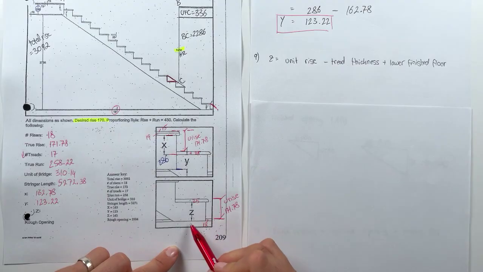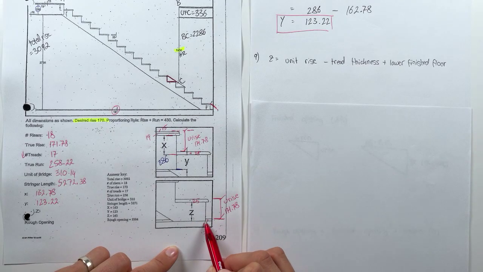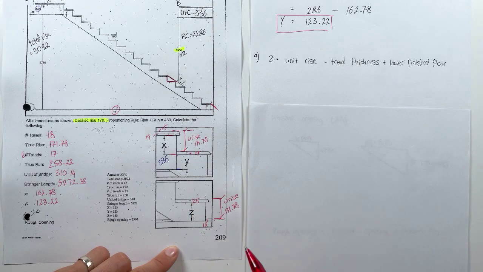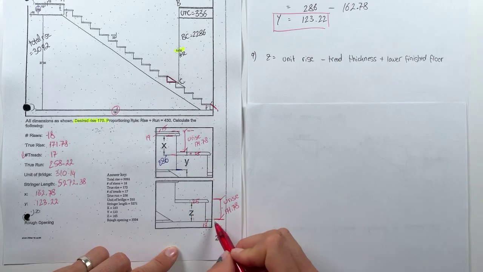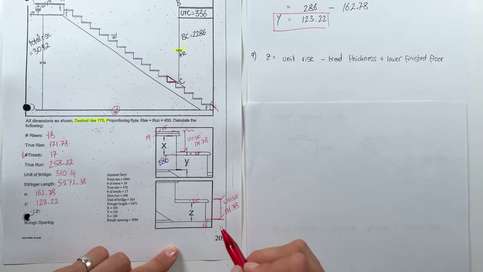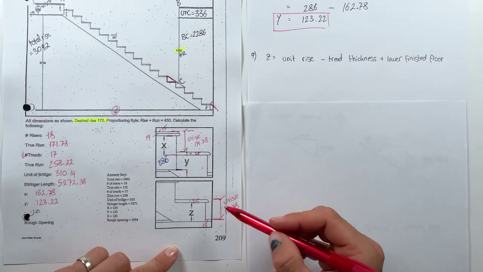So again, our Z measurement goes to the underside of our finished floor, and it goes to the underside of our tread. Our unit rise goes from the top of the floor to the top of the tread. So let's see.